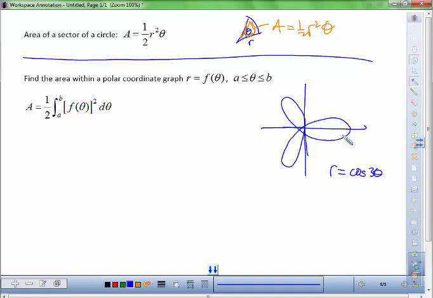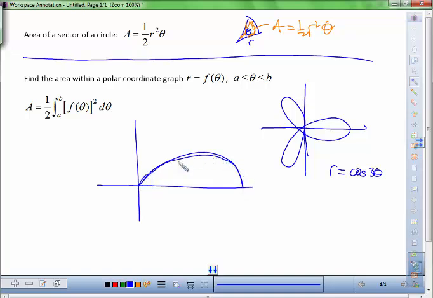So the issue here in terms of finding the area, I want to just focus on just this part. When does this thing hit 0 first, by the way? What's the period of this cosine function, cosine of 3 theta?